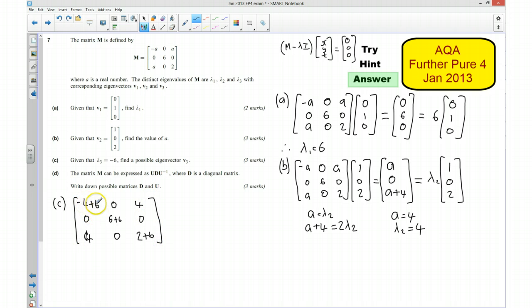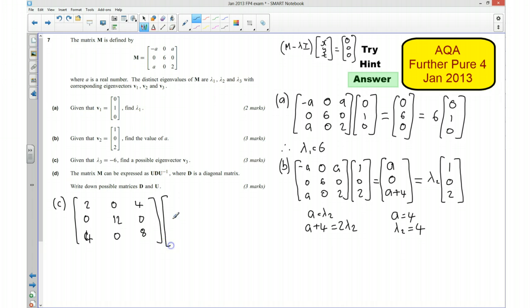Okay, so this bit here is going to be 2, so I'll replace that with a 2, and this bit here is going to be 12, and this bit here is going to be 8. So just to save myself a little bit of room, I'm just going to change that to 12, and that's going to be 8.